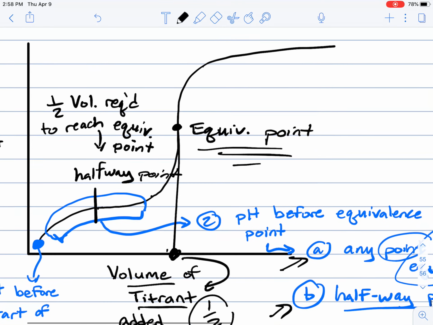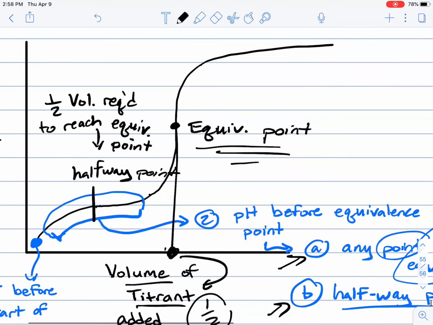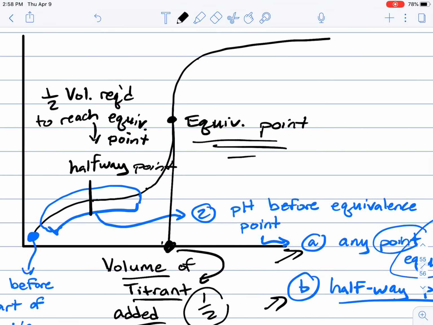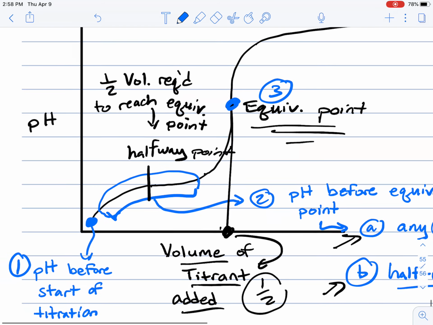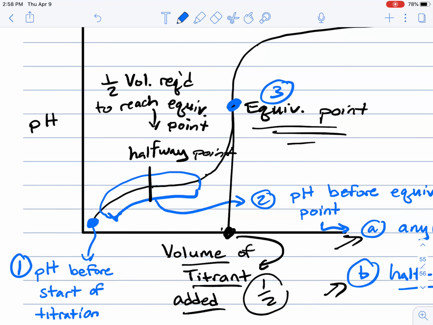And the third point, we need to calculate the equivalence point. So that's the third point that we're going to have to calculate to build our graph.